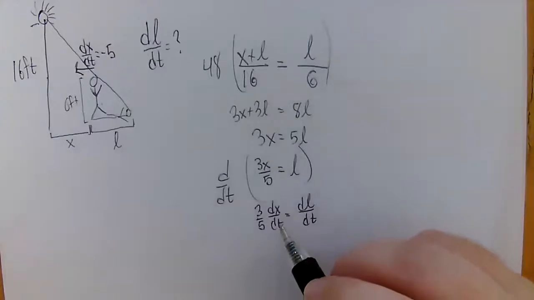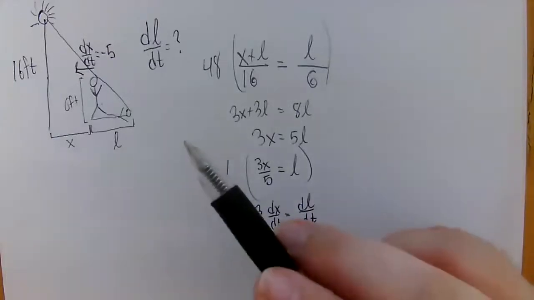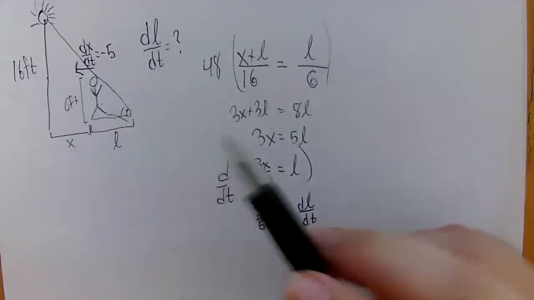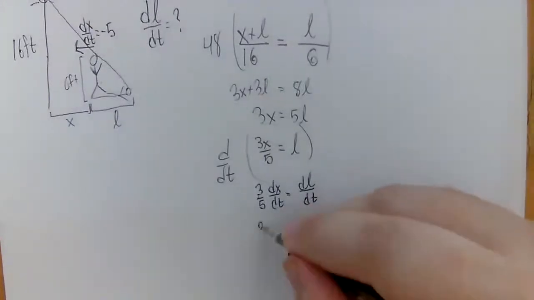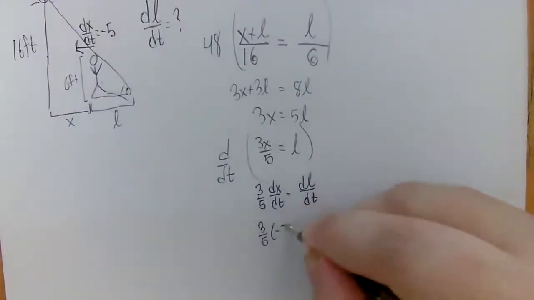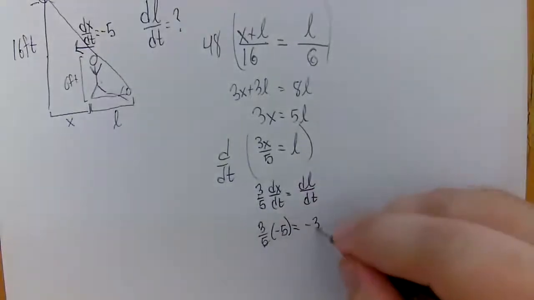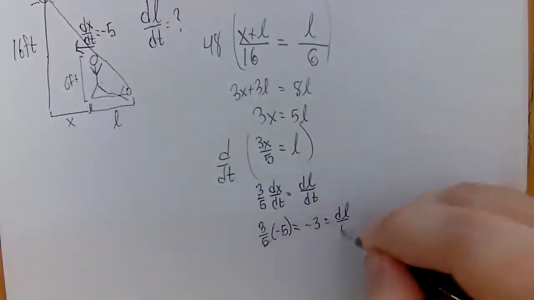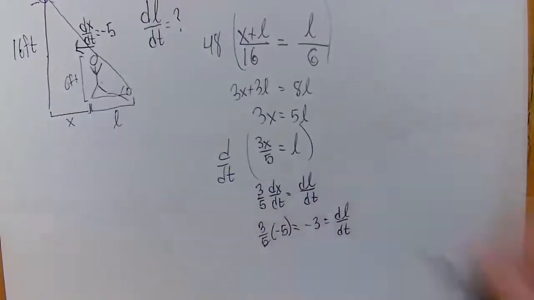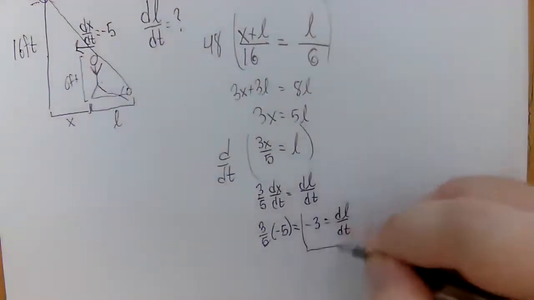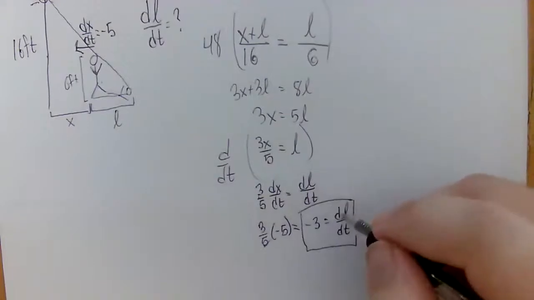All right, so now we know what dx/dt is. dx/dt was -5. So then when these 5's cancel, our shadow's length is changing at a rate of -3. This is what's happening with the shadow. So the shadow is shrinking at -3 feet per second.